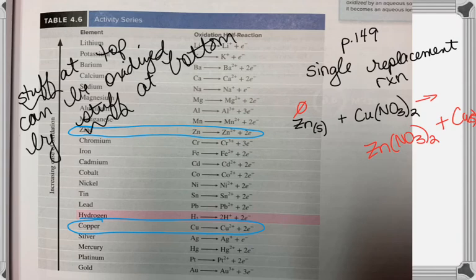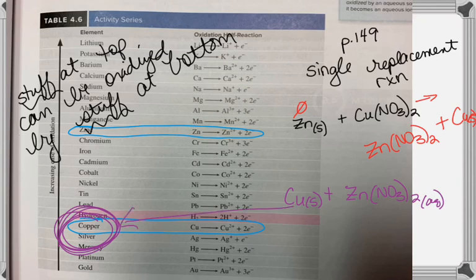Now, if I consider the reverse of this reaction, what if I put copper in zinc nitrate? Well, I've already identified them on the activity series. Copper's down here. Stuff at the bottom, copper, cannot displace stuff at the top.